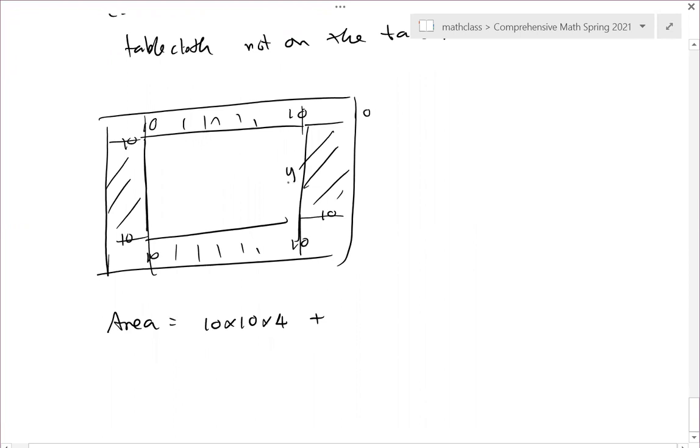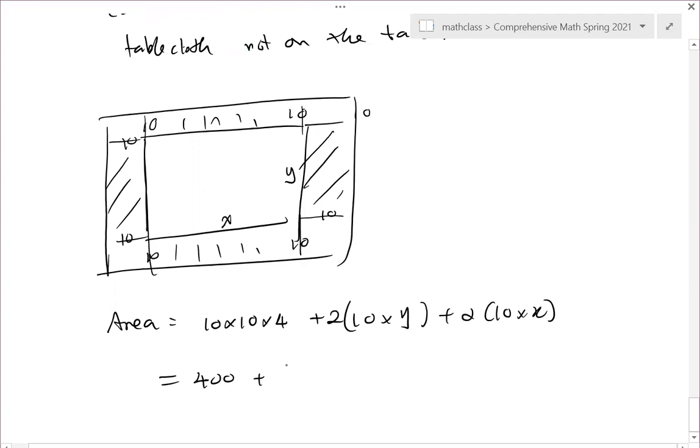If this is called y, and that's called x, then we have 10 times y multiplied by 2, plus the other one, 10 times x, multiplied by 2. Here's a 400.